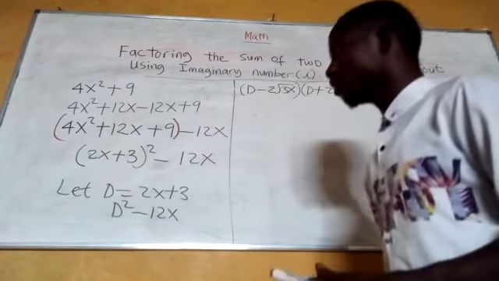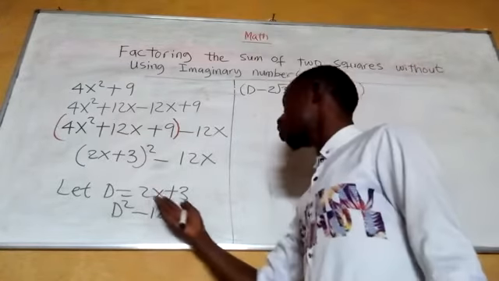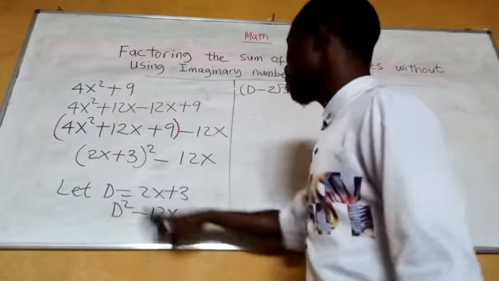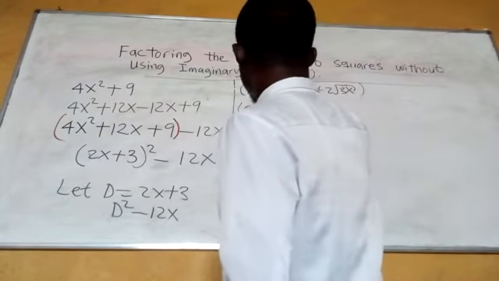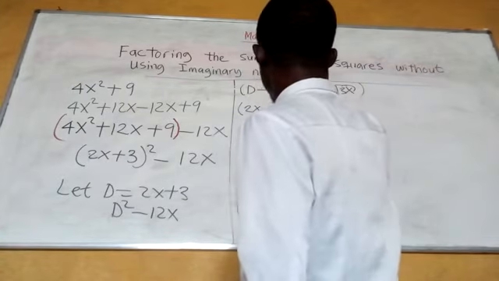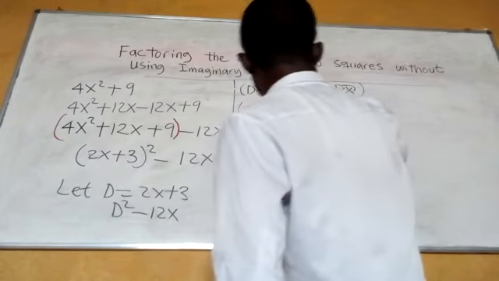Alright, now D was not in our problem given to us. So we will now do our substitution. Where we see D, we replace D by 2x plus 3. So doing this, we have 2x minus 2 root 3x plus 3, closing the first parenthesis.